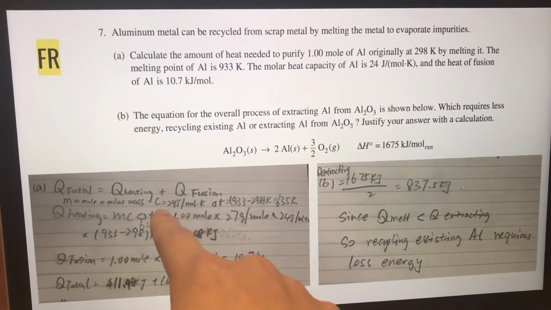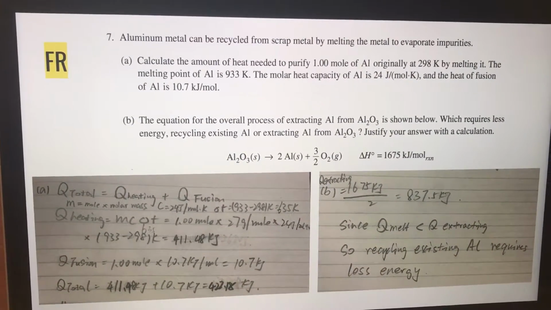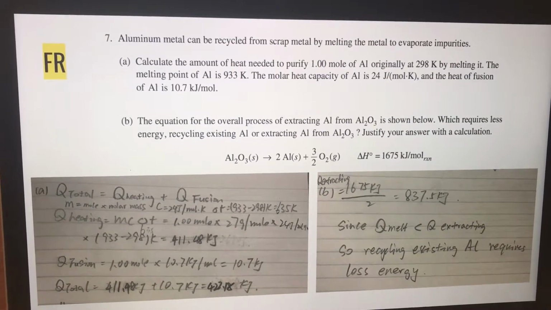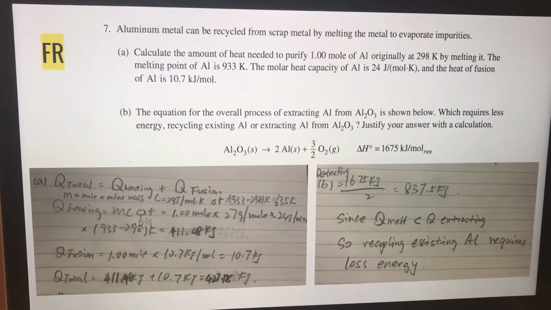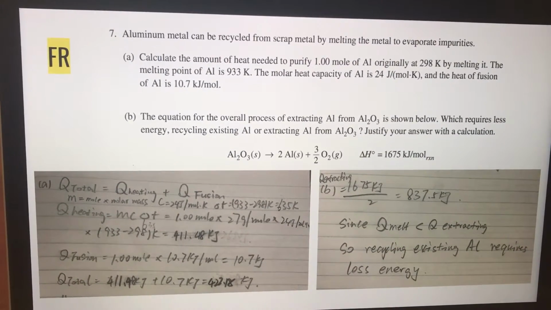So let's set up the general formula of solving it. Q total equals Q heating plus Q fusion. So Q heating equals mC delta T, which C and delta T were given.